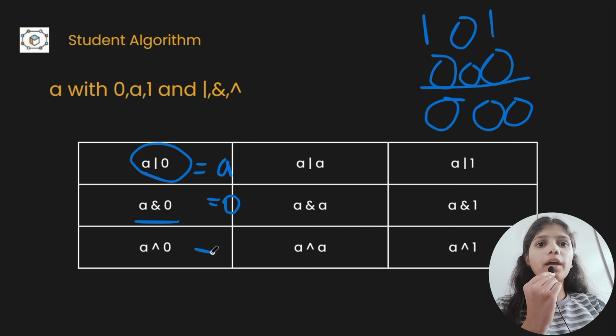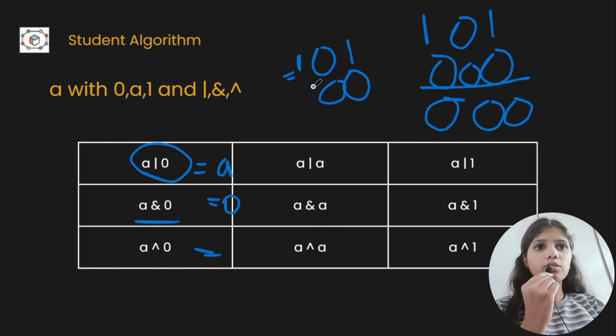Now let's move to A XOR 0. We take 0 and perform the XOR operation on A, right? Let's consider 101, and we perform the XOR operation.